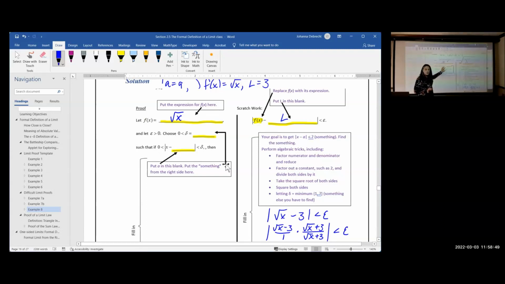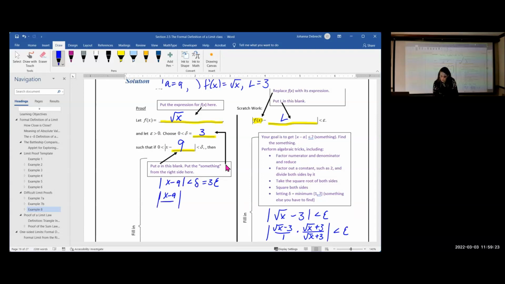Choose delta to be greater than 0, and let delta be equal to 3 epsilon, such that if the distance x is from a is strictly positive, it never gets to 9, it just gets close to 9, then we can start with the absolute value of x minus 9 less than delta, equal to 3 epsilon. Then we can divide both sides by 3. That gives us the absolute value of x minus 9 over 3 less than epsilon.